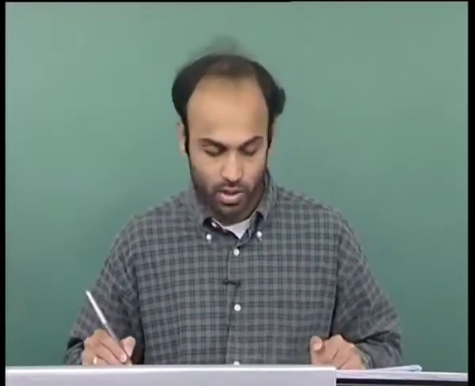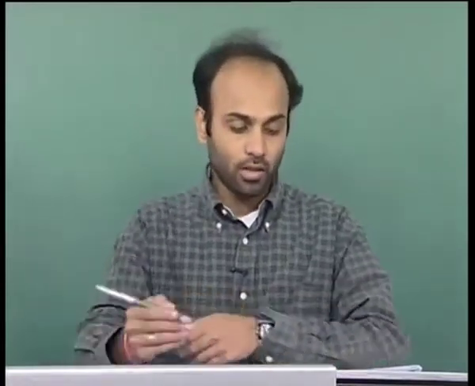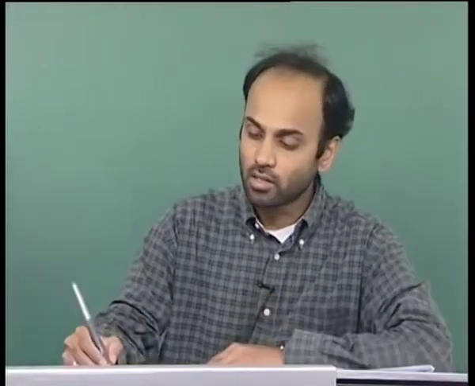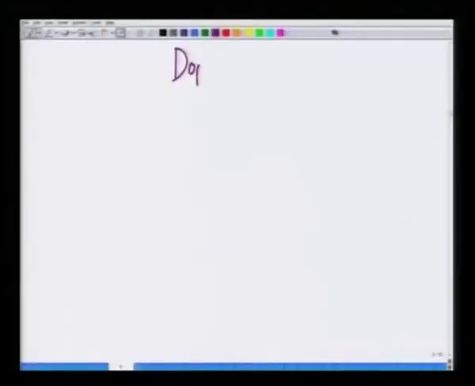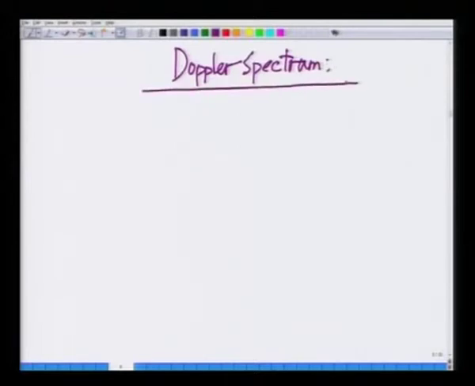Now, let us go into a more detailed analysis of the Doppler fading. Let us compute what is known as the Doppler spectrum. For this, I will need what is known as the correlation function of the channel.